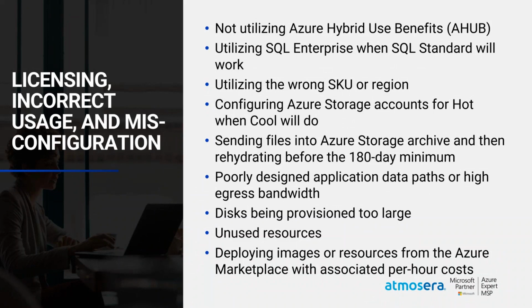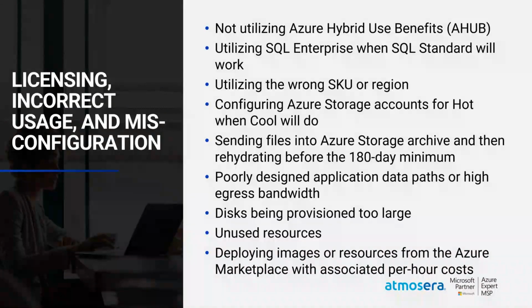Another thing is disks being provisioned too large. The per gigabyte cost of a disk is the same whether I'm using a P10, a P15, or a P20. By utilizing a disk that's too large, I'm paying that per gigabyte charge for every one of those unused gigs of data. We need to make sure that the disks are provisioned correctly and to the size that we actually need.